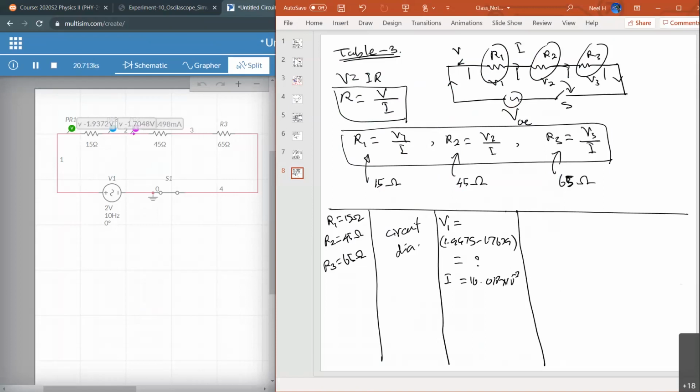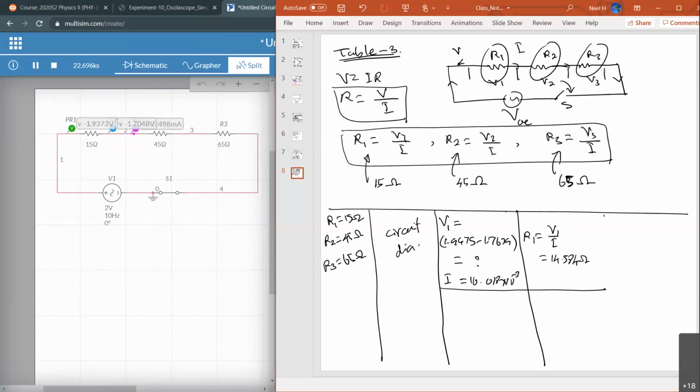I need the SI units, okay? Then you calculate that R value right here, the calculated R1, which is equal to V1 over I. If you do that calculation, you will get 14.58. Since I can measure everything to 5 significant figures, let's do 5 significant figures, measured value 14.584.